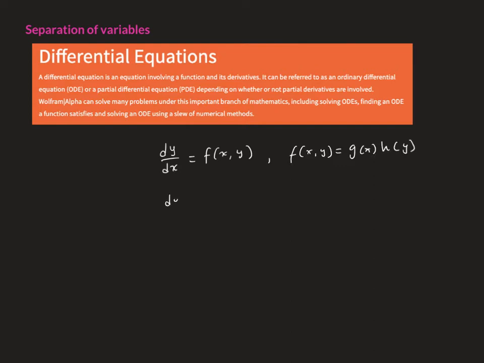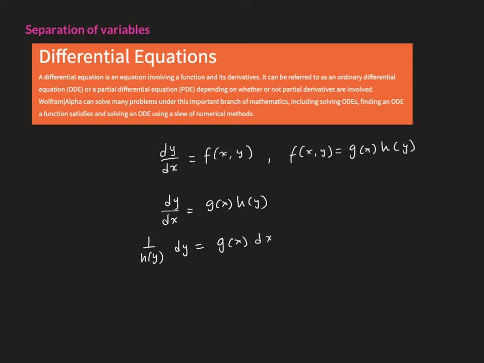So that when you replace the function in that way, g of x times h of y, you can move around all the variables, and the idea will be to put the variables that have the y on the left hand side, so 1 over h of y dy, and then the variables that have x on the right hand side, g of x dx.